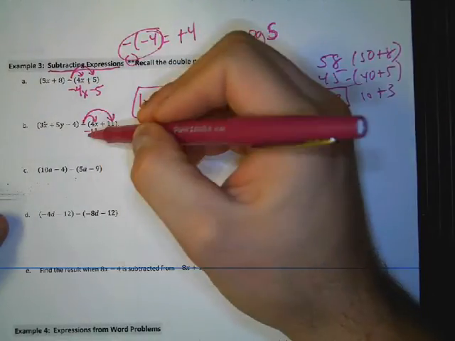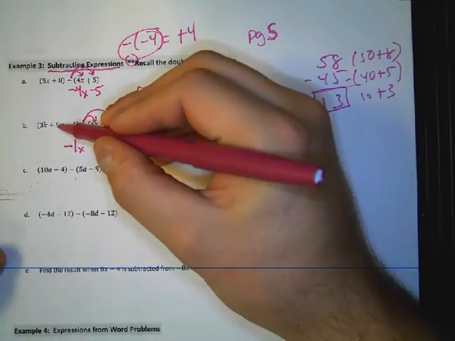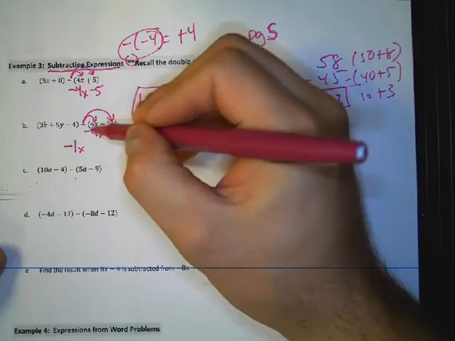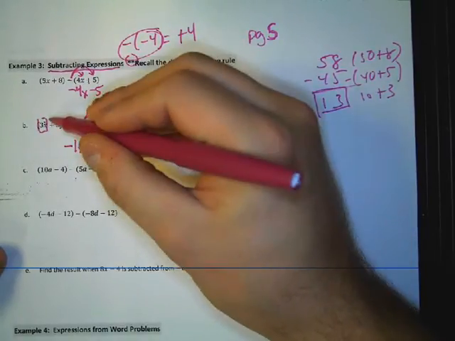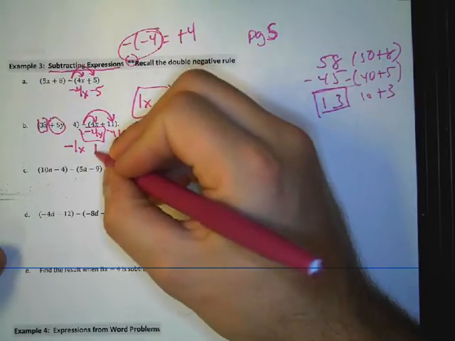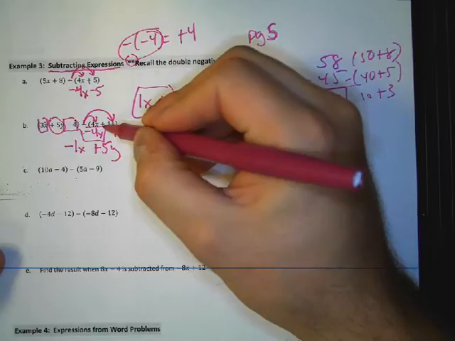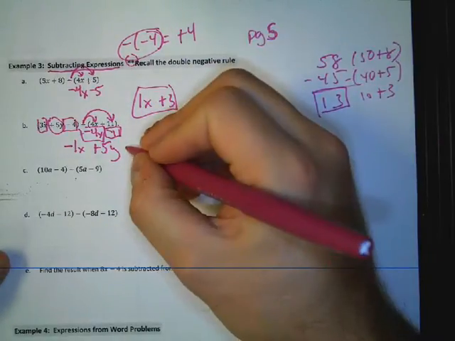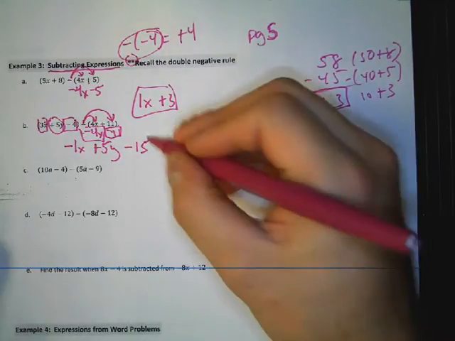That's negative 1x. Think the integer card game. I have 5y, but nothing to go with it, so that just gets brought down, minus 5 or plus 5y. And then I've got negative 4 minus 11. If I borrow $4, I borrow 11 more. It's negative 15.